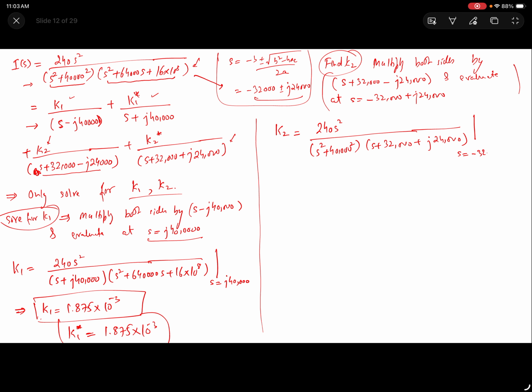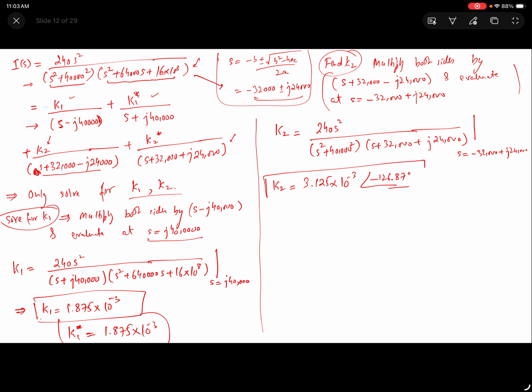minus 32,000 plus j24,000, put this value of s in the numerator and the denominator and just solve the whole thing. You are going to get 3.125 times 10 to the minus 3, with a complex angle of minus 126.87 degrees.